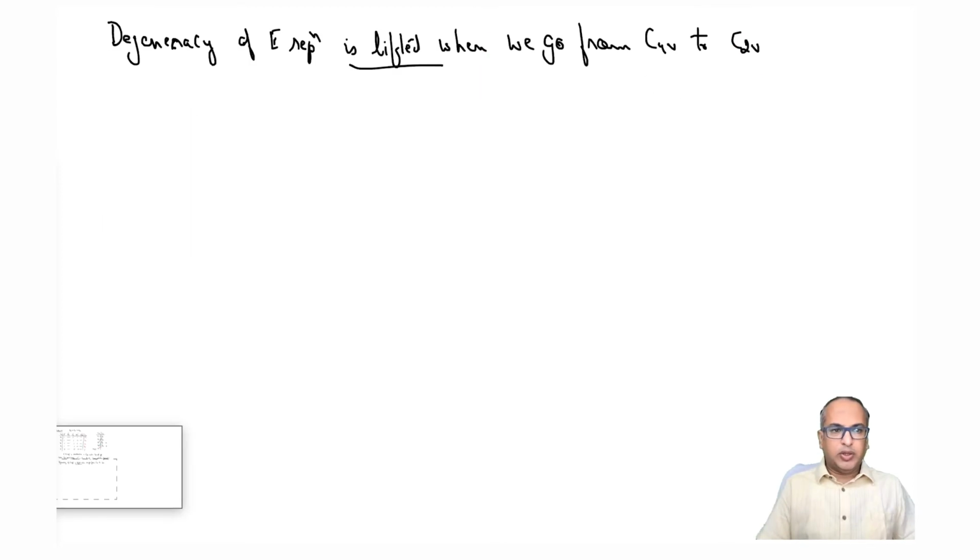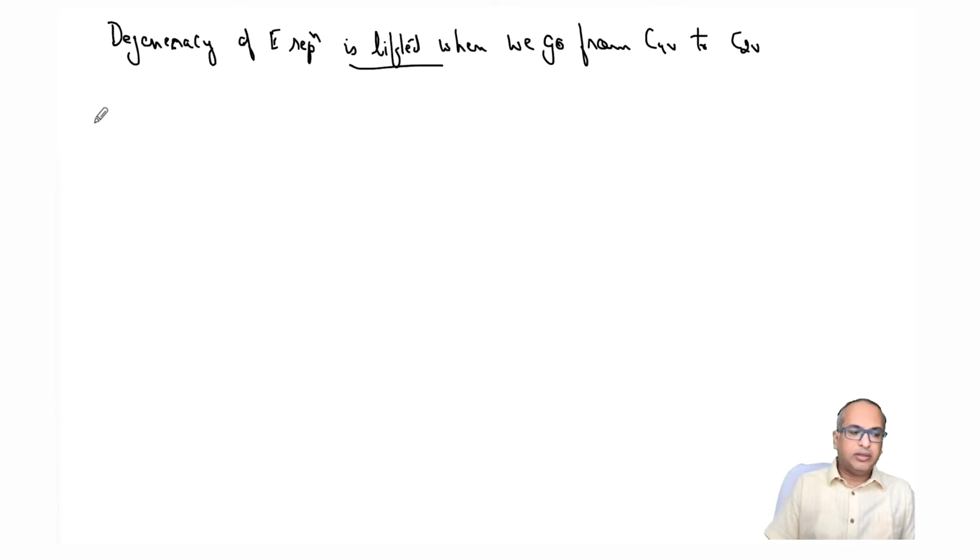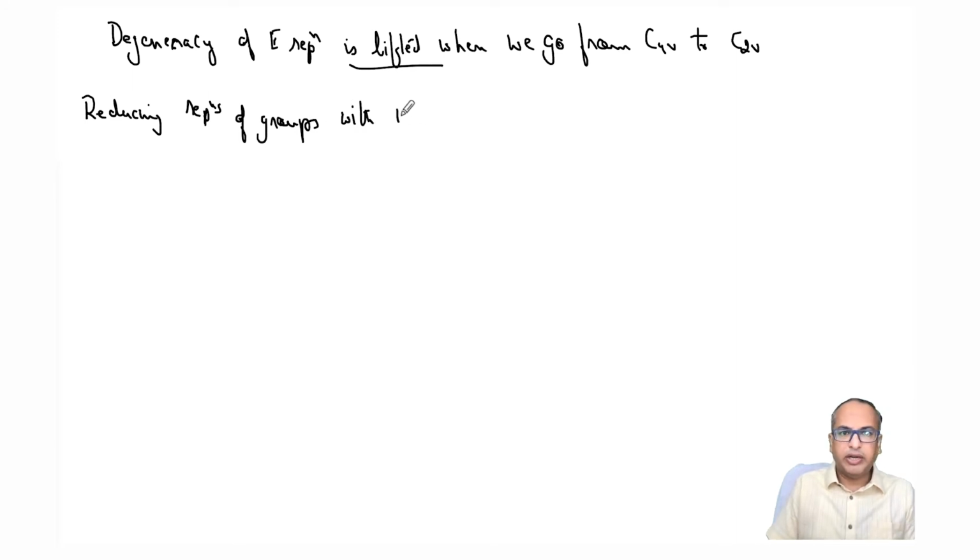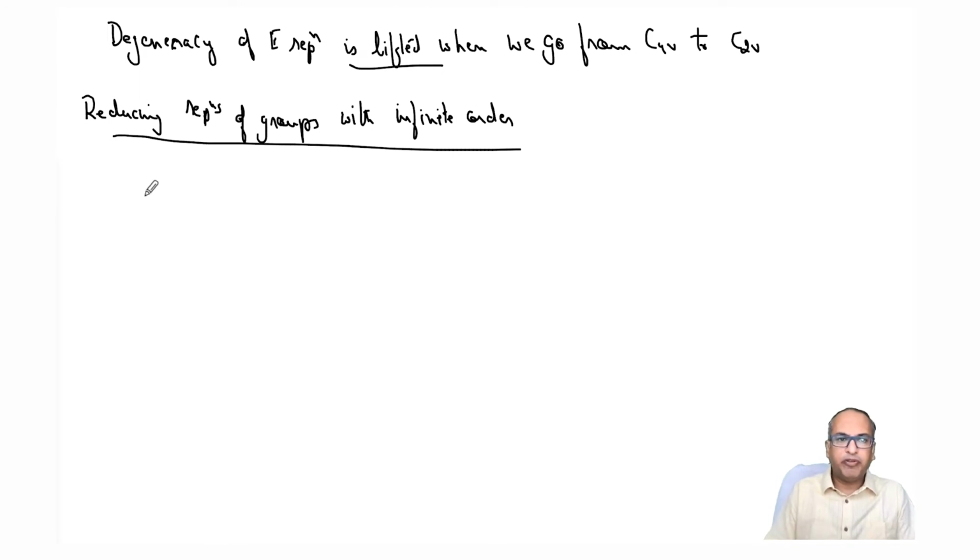Okay. So now let's start with the actual reason why we started discussing ascent and descent in symmetry. The reason was how to reduce representations of groups with infinite order. This was the reason why we started discussing this, right? If you remember, we were discussing the beryllium hydride case, right?